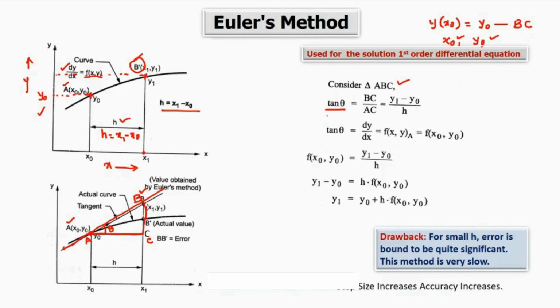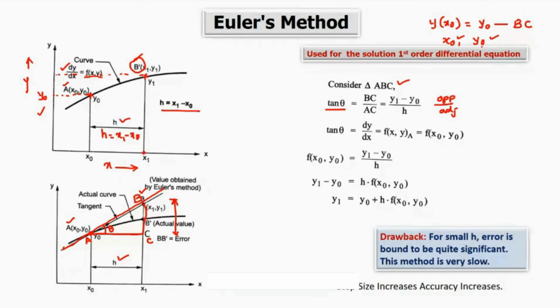Here you can write tan theta is equal to opposite by adjacent. What is the opposite value? The opposite side is BC, upon the adjacent side AC, and AC is represented by h.